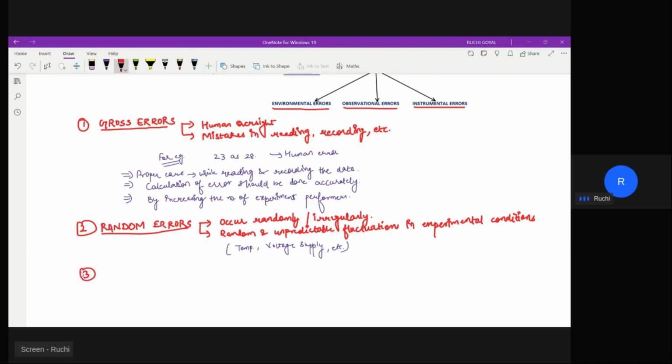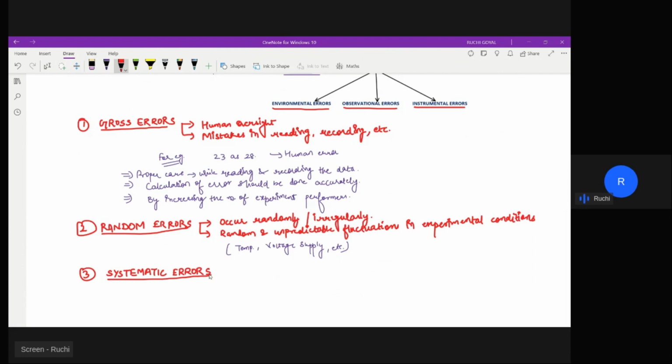Next, the third one is systematic errors. What are systematic errors? Systematic errors are the errors which occur due to some system error. Gross errors are due to human errors.